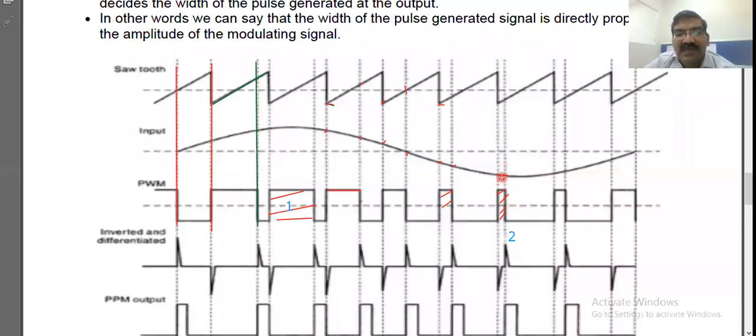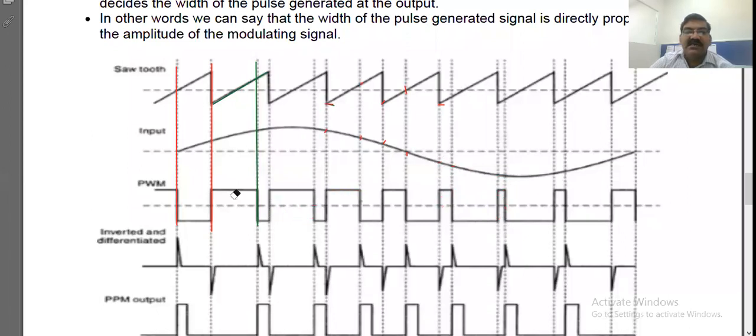The lower the amplitude, that is, the more negative, the shorter the pulse. So accordingly this modulation is done. That is, the higher the amplitude of the instantaneous signal, the greater the width of the pulse, and the lower or more negative the amplitude, the smaller the pulse. So this way it is done. So this is the pulse width modulation.